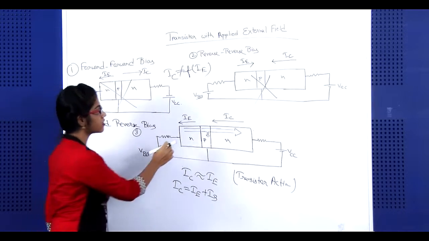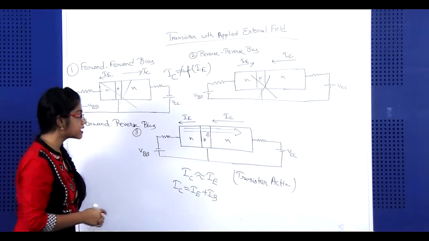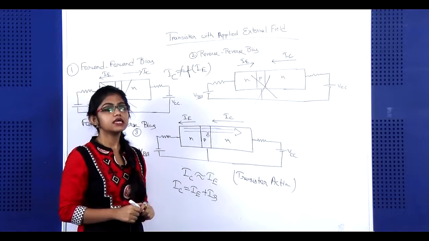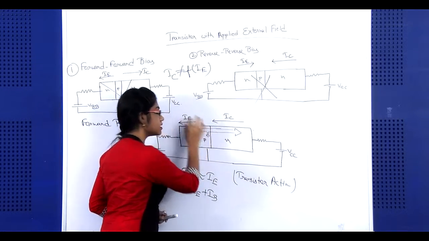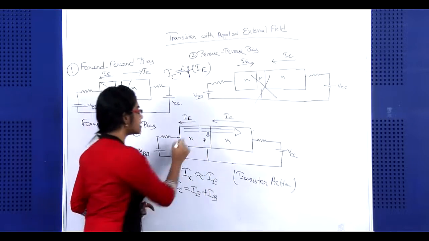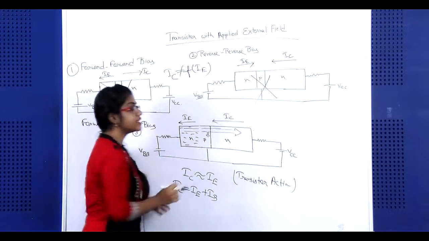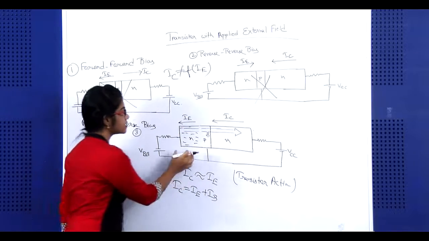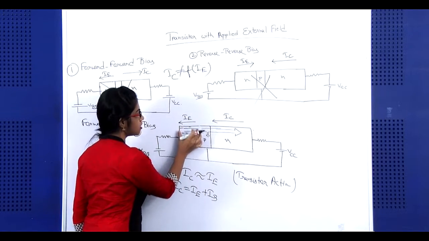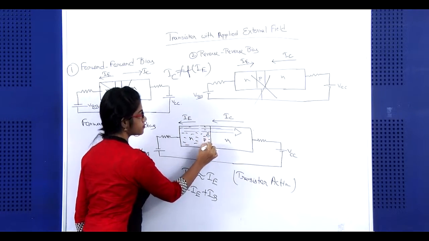In the case of silicon, the barrier potential is 0.7 V. After applying 0.7 volts, there will be no barrier. So all the majority charge carriers, that is electrons from N, will diffuse from the N side to the P side, right. All the majority charge carriers of the N side will try to diffuse into the P region.